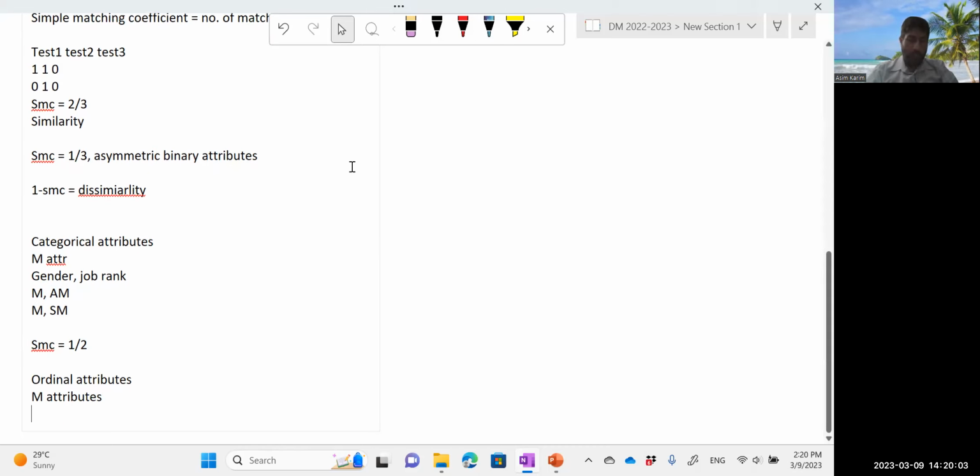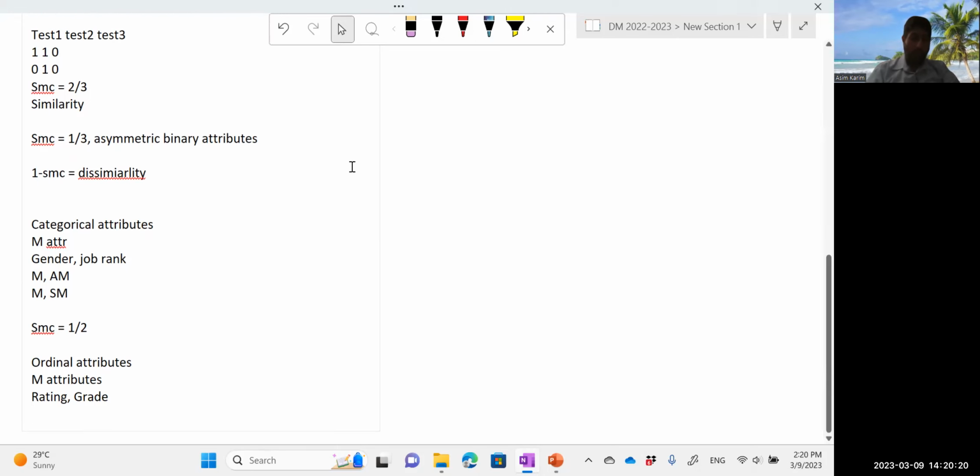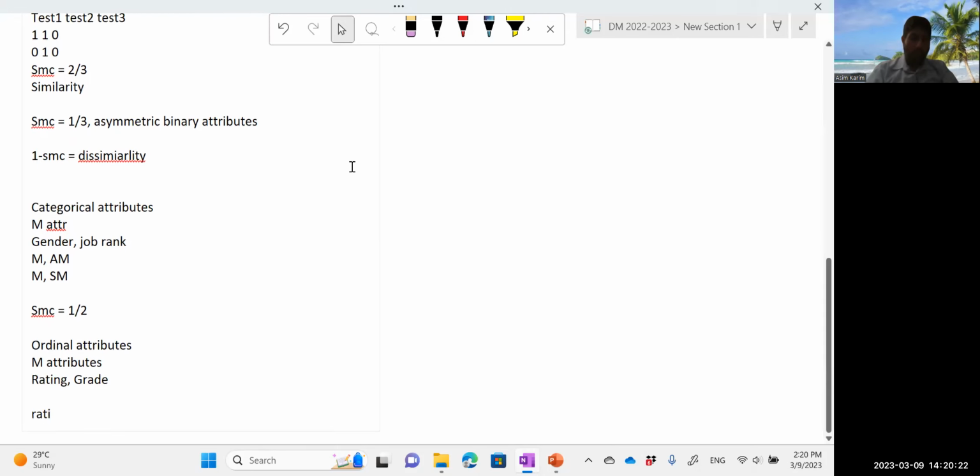Let's say I take a simple example. Let's take rating, which is ordinal, and any other, let's say grade, is also ordinal. Okay. So rating, let's say, takes values 1, 2, 3, 4 and 5.